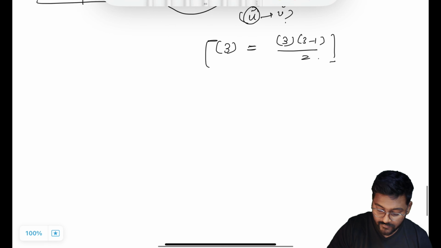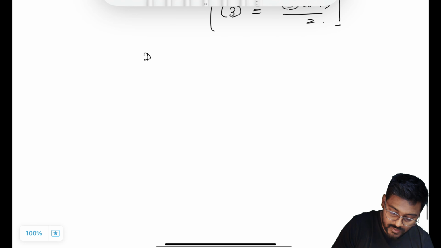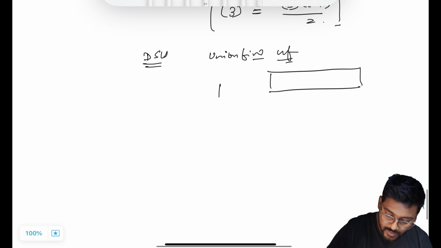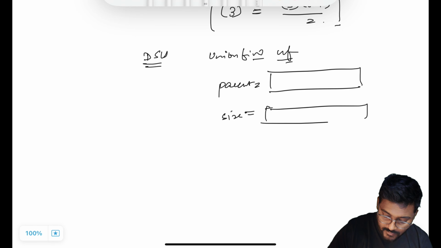So for that, what we require so far is one disjoint set union, one union find class, UF class, and in the UF class we have to maintain the parent array. Along with the parent array, I will be maintaining the size of that connected component.